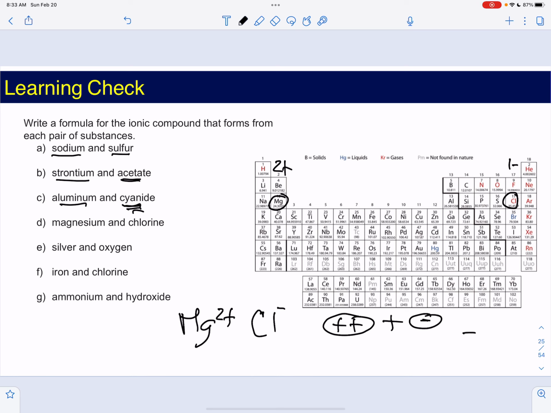That doesn't give me 0. To give me 0, I'm going to have to add 1 more there. So 2 plus 2 negative equals 0, which means I need 2 of these and 1 of those. Once I do the compound, the charges do not show anymore, and the 1 doesn't have to show. And make sure that you put them close together so I know that you're talking about a compound.